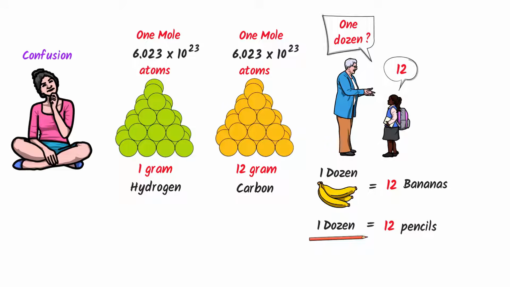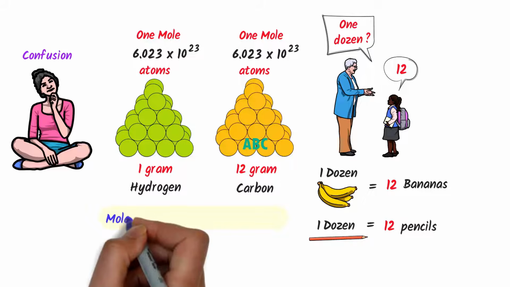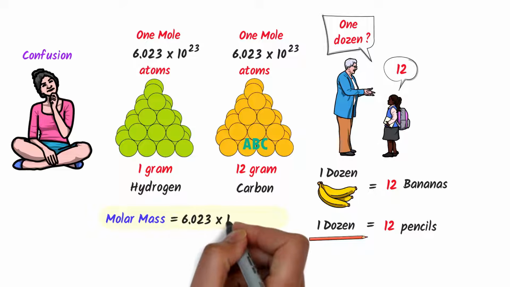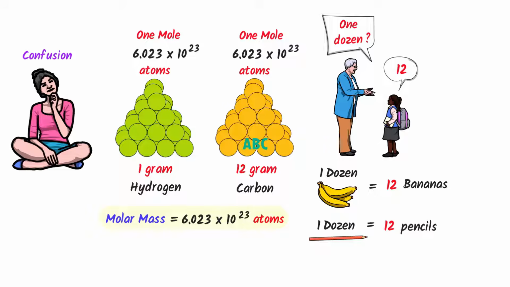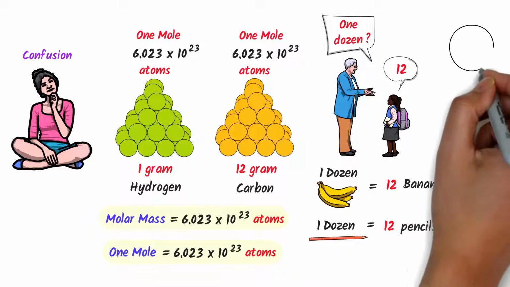To conclude this slide, we learn that the molar mass of any atom contains 6.023 × 10^23 atoms. We also know that molar mass is also known as 1 mole. So we can also write that 1 mole of any substance contains 6.023 × 10^23 particles.